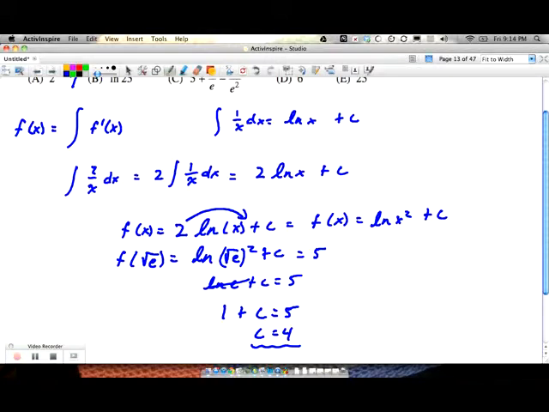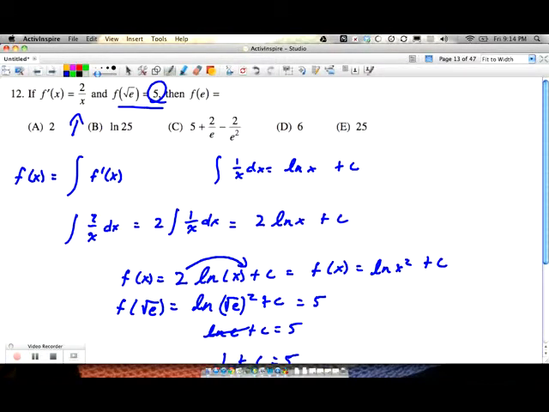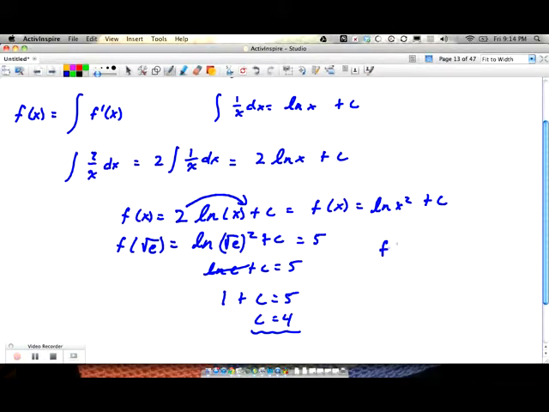What's it really asking? It says f of e. Well, f of x is equal to natural log of x squared plus, and then c right here is 4. So f of e is going to be natural log of e squared plus 4.